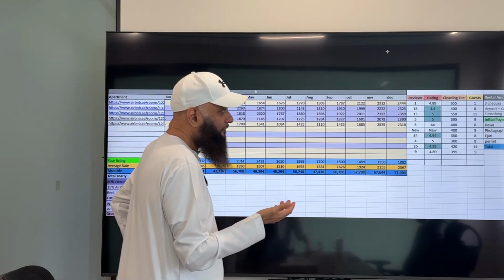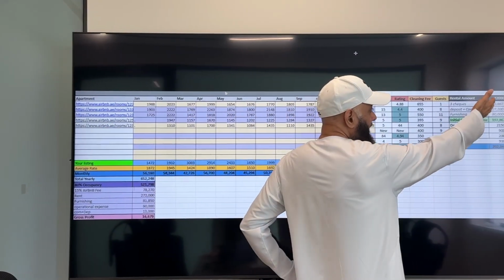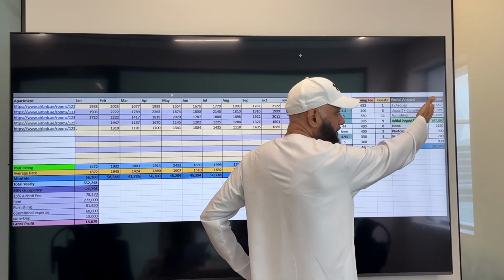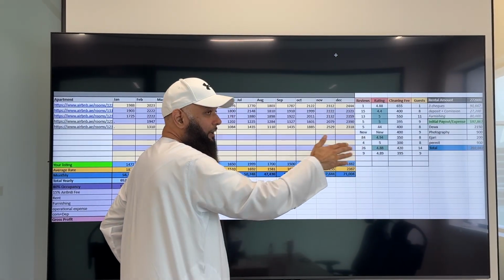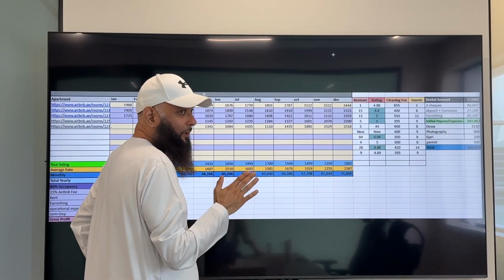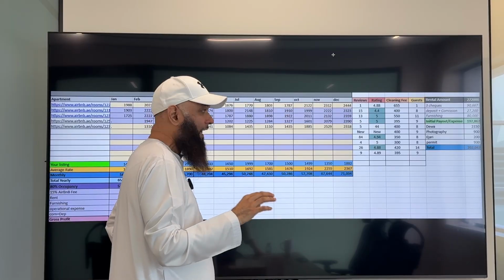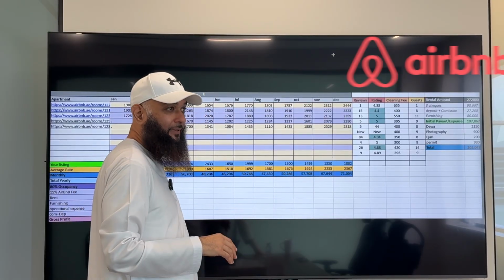On average, a rule of thumb is whatever the rent you're paying per year for the unit, which is 272,000 here, you should be generating approximately a 1.7, 1.8 multiple of that in your revenue from your Airbnb.